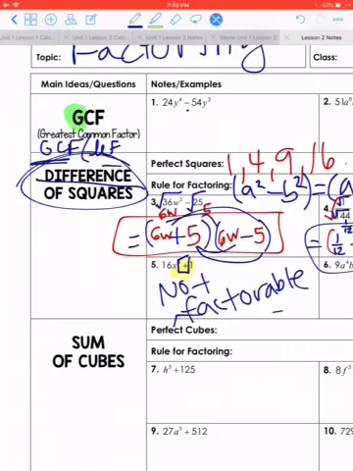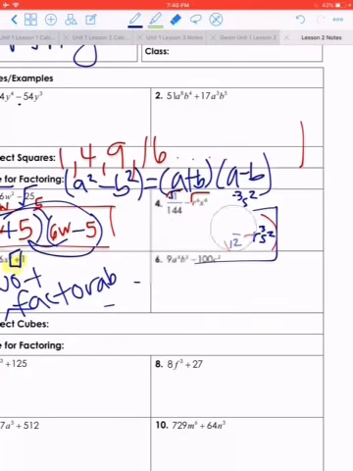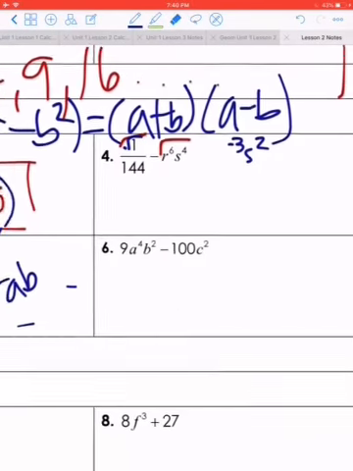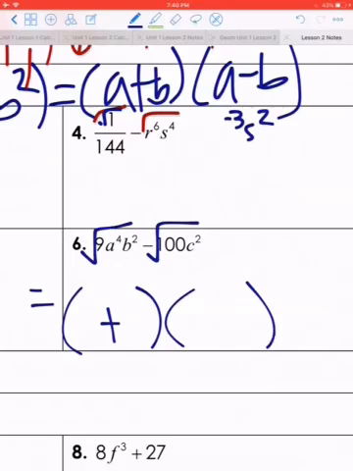Alright, so let's do 6 really quickly. We're going to square root the front, square root the back, one gets a plus, one gets a minus, just to make it as simple as possible. The square root of 9 is 3, a to the 4th squared, you're just taking half of it, would be a squared, and the square root of b squared is b.